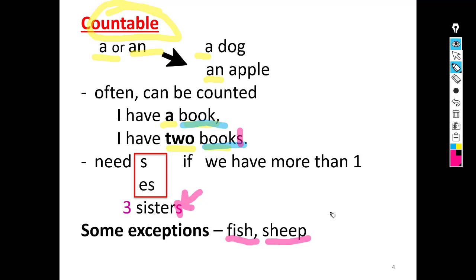I can say my grandmother lives on a farm and she has got 3 sheep, and we haven't got any S here because it is an exception. If you have more than 1 sheep, you have to say sheep again, not sheeps and not fishes. There are some exceptions.